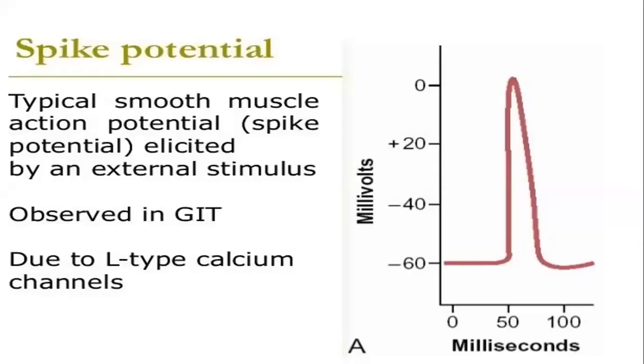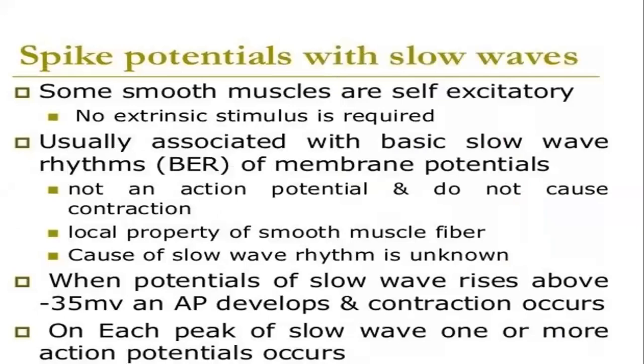So you can see here a typical spike potential can be elicited by an external stimulus. This is observed in the GIT, and the depolarization is due mainly to influx of calcium.